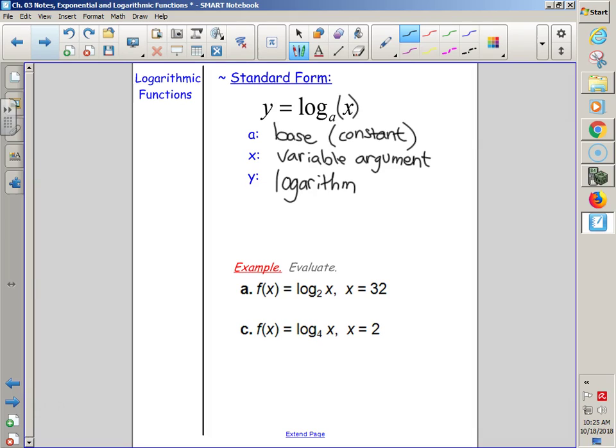But let me give you a quick hint. Logarithms actually are just ways of talking about powers of the base. Logarithms were developed specifically to deal with the powers, to get to the powers of the base.